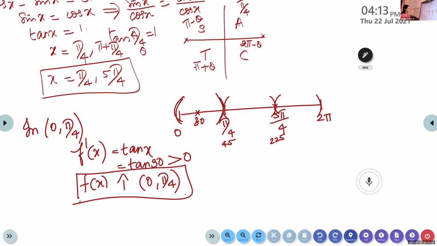Now you consider the next interval, 45 to 225. Which value can you consider? You take one value in between and find out whether it is increasing or decreasing.